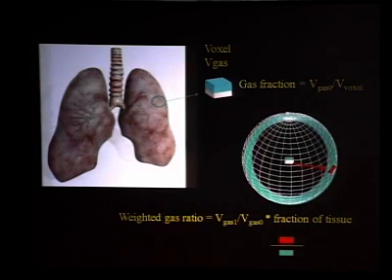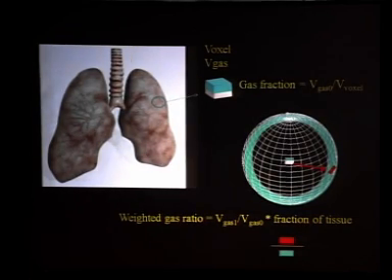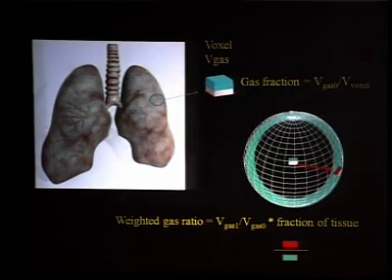Of course, the lung is not homogeneous because we have the lung parenchyma, but we have the bronchi, we have the vessels, different diameters, and so on, from the macrostructure to the microstructure.